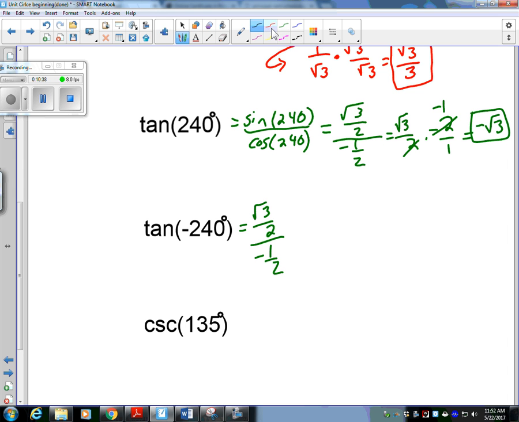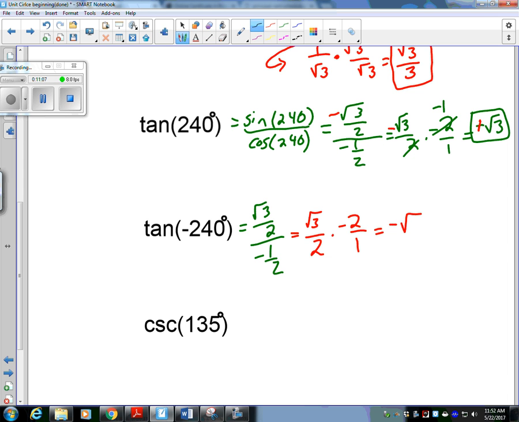So that should be negative, negative, which in turn changes this to a positive square root of 3. And down here, this is going to end up being the same as what it was up here. It doesn't always work out this way. So we have square root of 3 over 2 times negative 2 over 1, and this just simplifies as negative square root of 3.